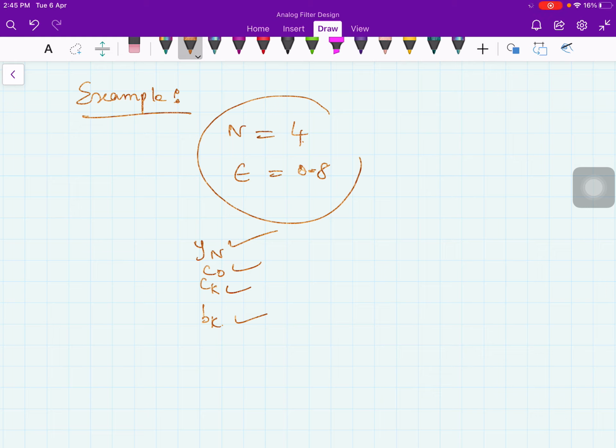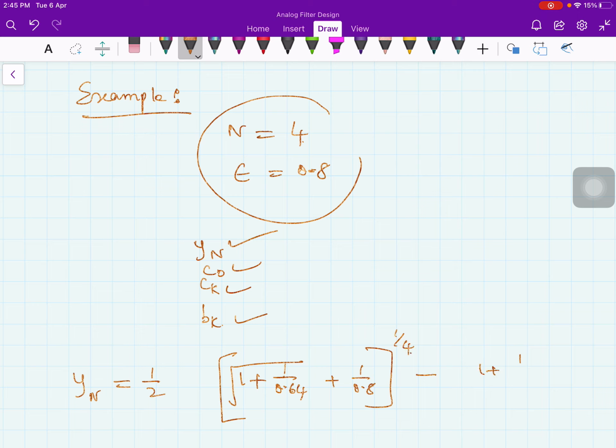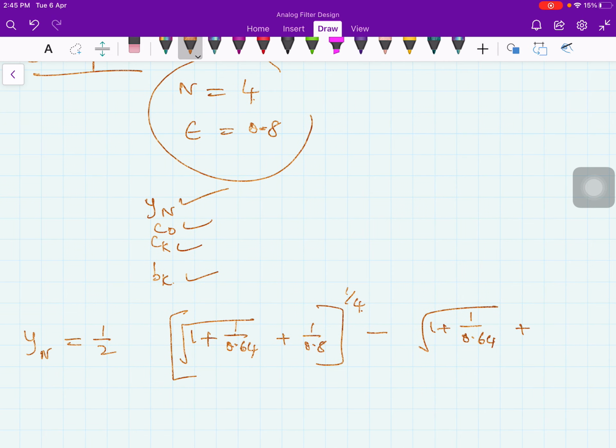So the very first step is you have to find out y suffix capital N is equal to 1 by 2, 1 plus 1 by epsilon squared, that is 0.64 square root plus 1 by 0.8 whole to the power 1 by 4, minus the same expression, 1 plus 1 by 0.64 square root plus 1 by 0.8, to the power minus 1 by 4.